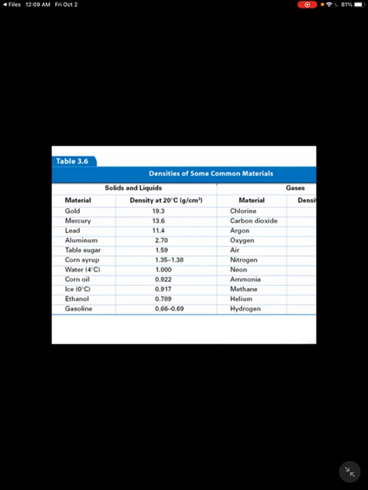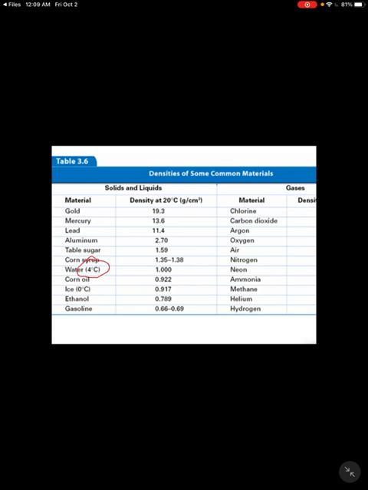But as you can see, water has a density of 1 gram per cubic centimeter. And that is at 4 degrees, but 20 degrees C is okay as well. They qualified here, 4 degrees, so they're okay. And as you can see, ice is about 92% the density of water, so it floats.